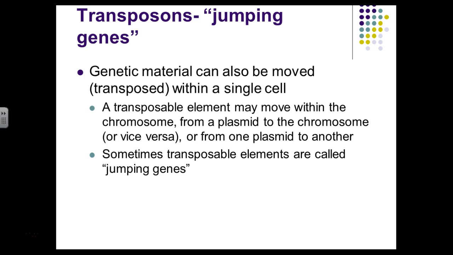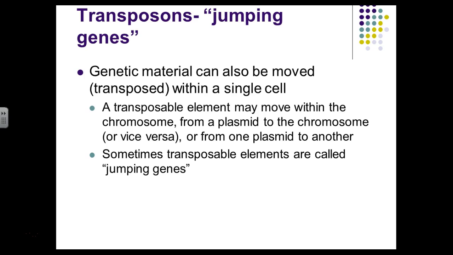They can sometimes be called transposable elements. That's down here in the last little bullet. So bacteria, in effect, have jumping genes or transposons by way of plasmids, because these plasmids can be transferred from one bacterial cell to another.